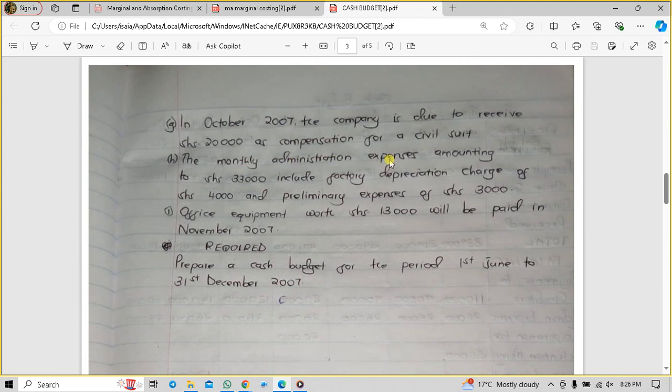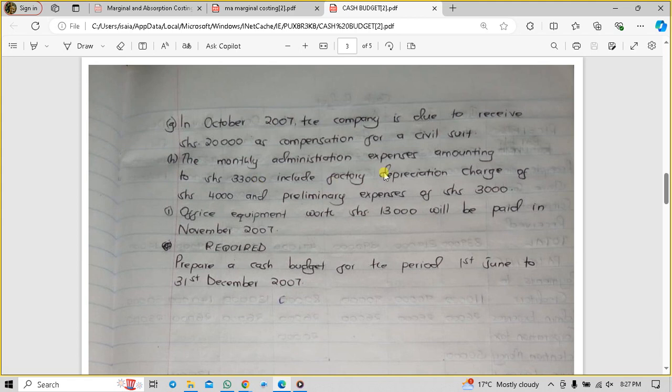The monthly administration expenses amounting to 33,000, including factory depreciation charge of 4,000 and preliminary expenses of 3,000. So this depreciation, we are going to subtract, so there is payment of administration expenses. For a cash budget, we don't consider non-cash items.